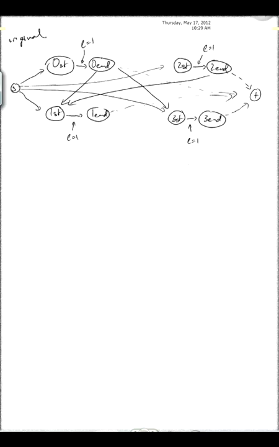Now let's draw the residual graph for the feasible flow that we had in mind. So our feasible flow brought a ship into service for every delivery.